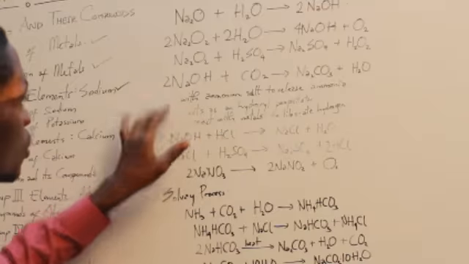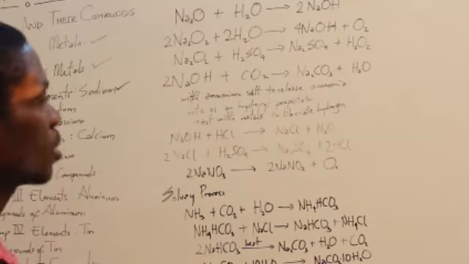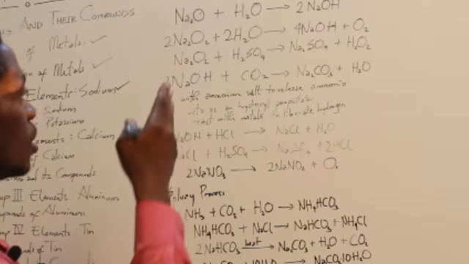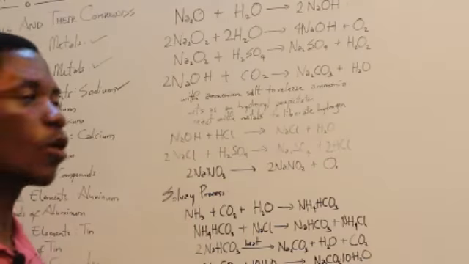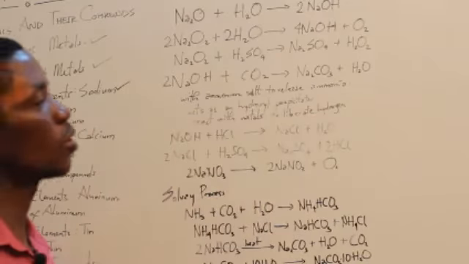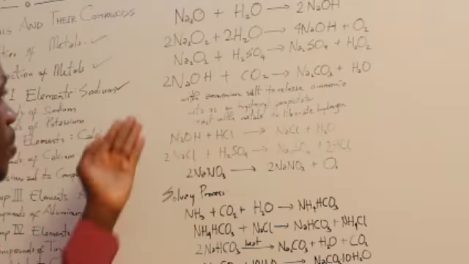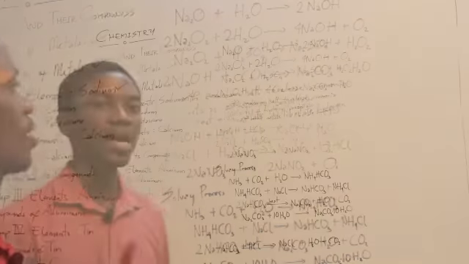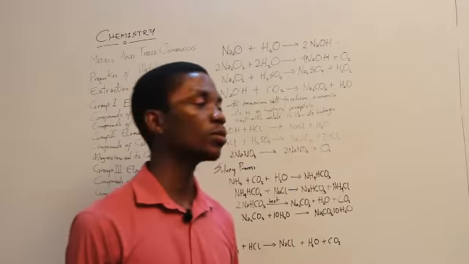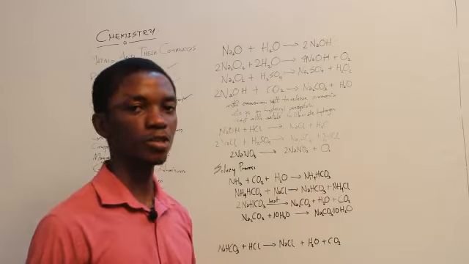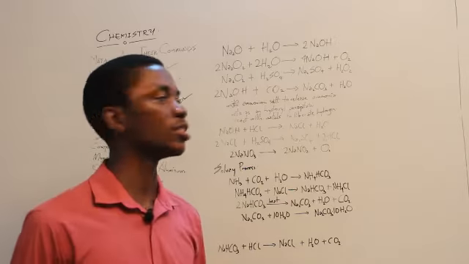Alright, let's progress. We have sodium hydroxide. Sodium hydroxide is a base. It can react with different substances, like all bases do. It can react with CO2 to produce salt and water. It can react with ammonium salts to release ammonia. It will react as a hydroxyl precipitator. It will precipitate out certain heavy metallic hydroxides, like lead.